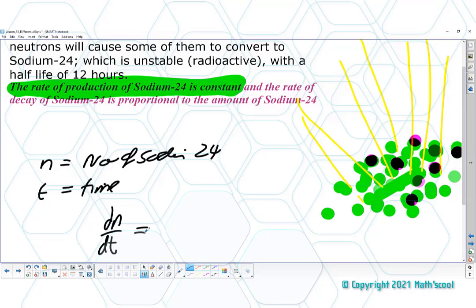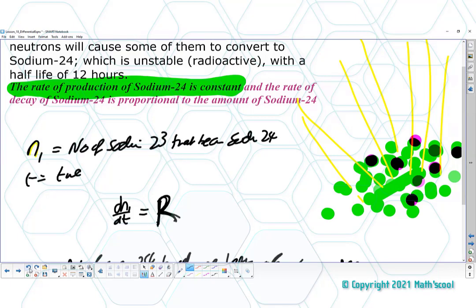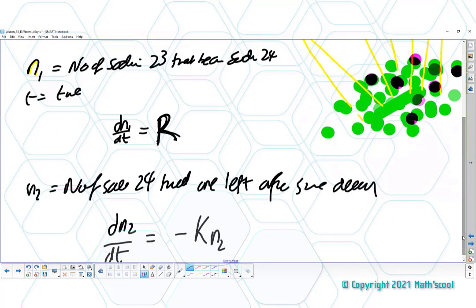I did a lot of the working already. N1 is the number of sodium-24s that have appeared, so the rate at which they're appearing is R. And the rate at which they're disappearing is minus Kn. I know I called it N1 and N2, but they're really the same thing.